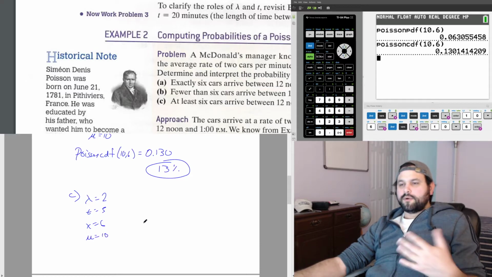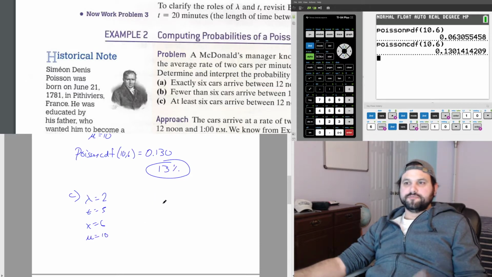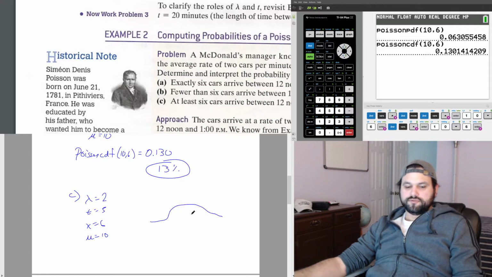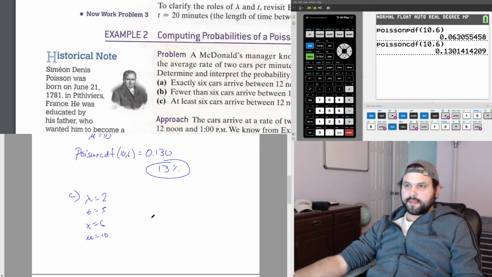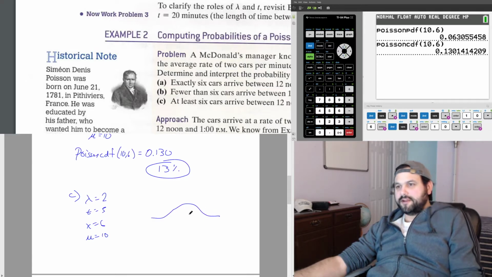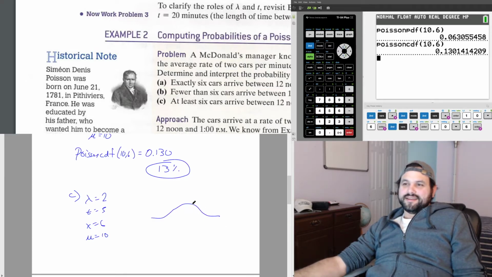Okay. However, now, if we think about a distribution, and it doesn't matter what the distribution is, this is always the same. So I'm just going to draw some sort of distribution. And if I'm picking some sort of x value, right, let's say I'm picking an x value here.